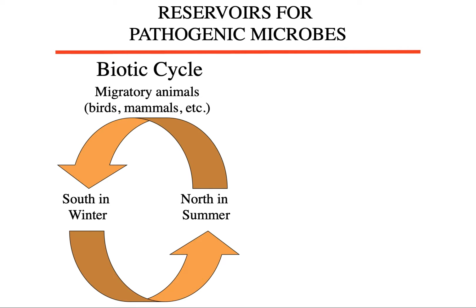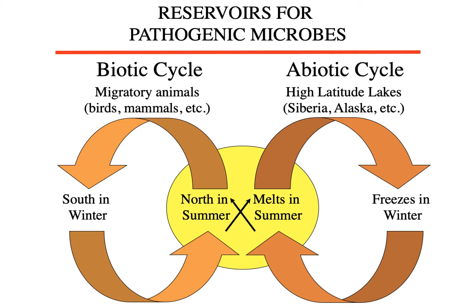So in this case, there's a biotic cycle that's in migratory birds, especially shorebirds and aquatic waterfowl. They pick up the virus in the spring and summer up in their grounds where they reproduce. And then in the fall and the winter, they fly south, taking those viruses with them, and then return again the next summer and drop those off again. But we and others have shown that there's also an abiotic cycle: in the summer, the birds deposit these viruses in the water of the lakes and streams where they're reproducing.